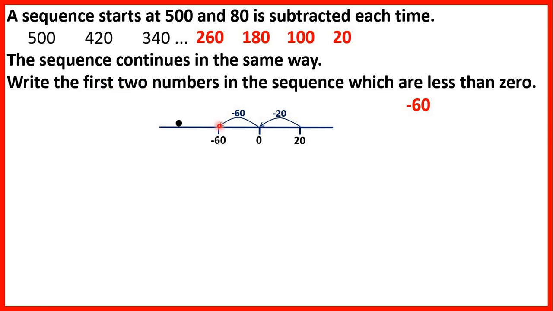So we can work out minus 60 minus 80. That's minus 140, because from 0, if we're on minus 60, we've already gone back 60. So if we go back another 80, that's going back 140 altogether. So that gives us minus 140.